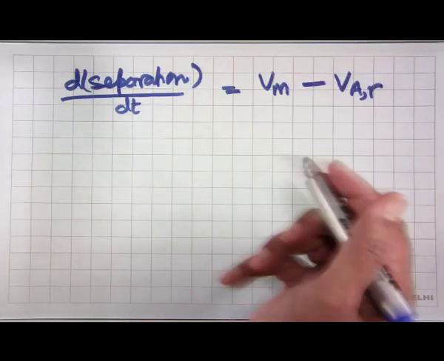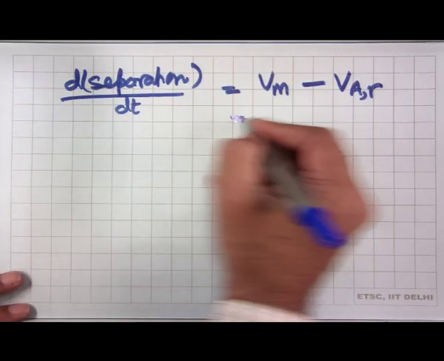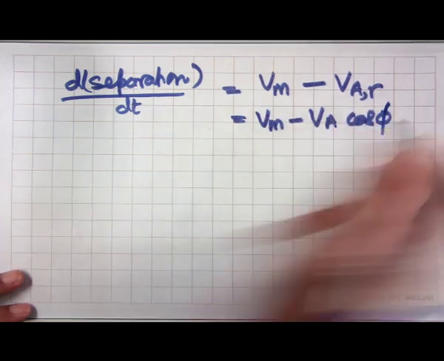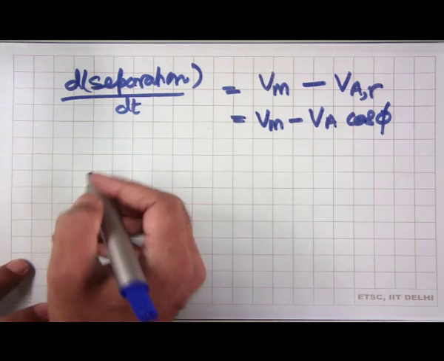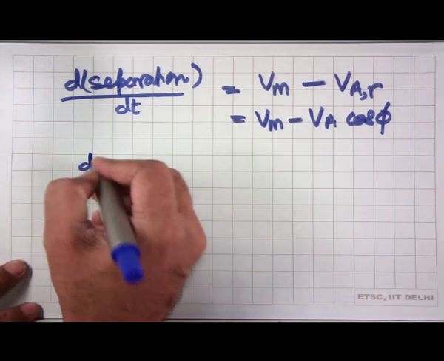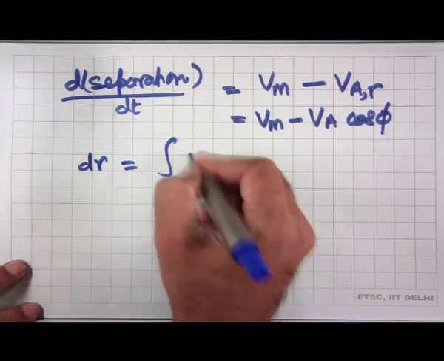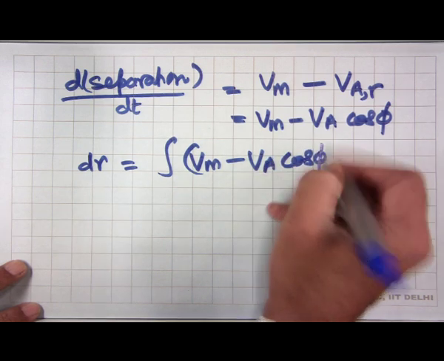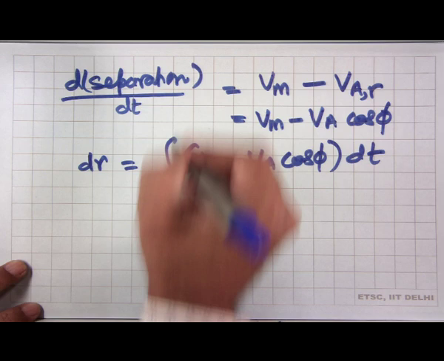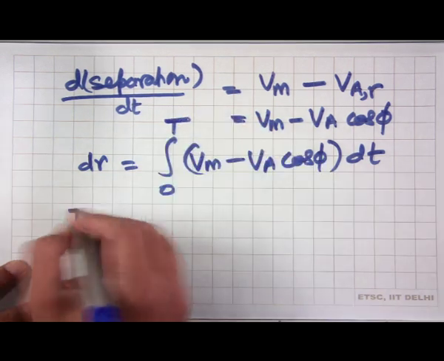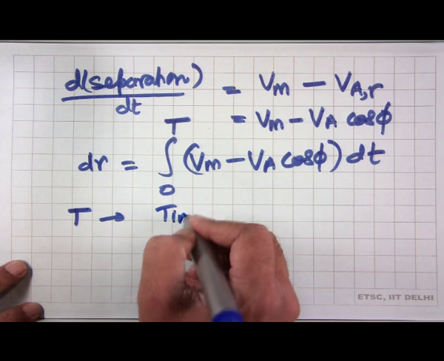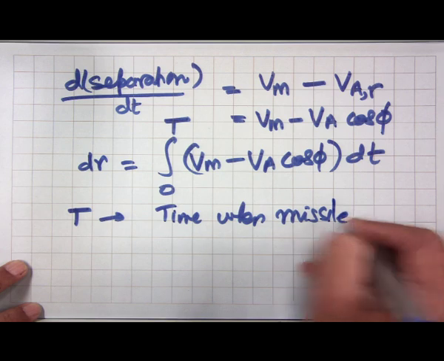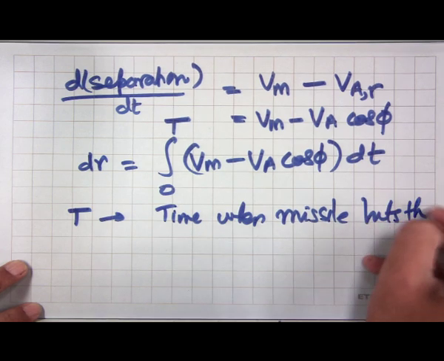So, the rate of change of separation becomes equal to Vm minus Va cos phi, and if I integrate this, then what I get is dr is equal to the integral of Vm minus Va cos phi dt from 0 to T, where capital T is the time when the missile hits the aircraft.